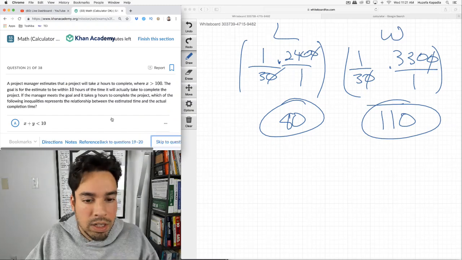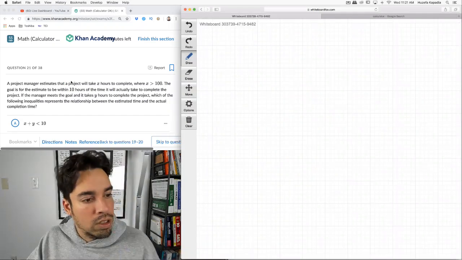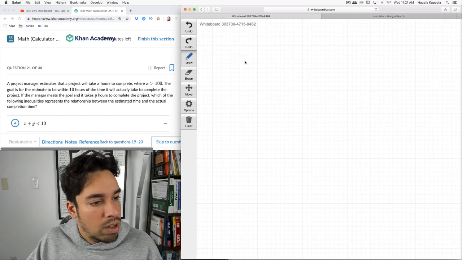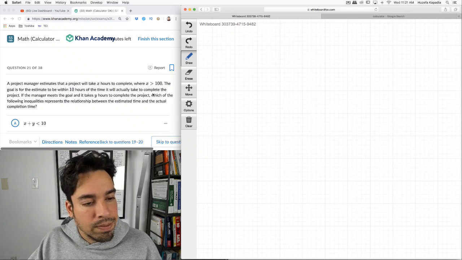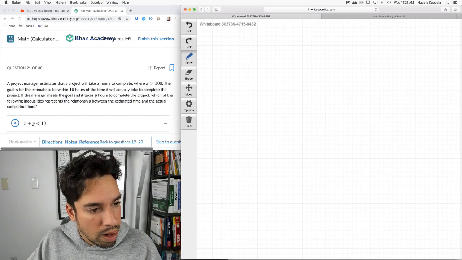All right. See how we just had to convert that data into projections. A project manager estimates that a project will take X hours to complete, where X is greater than 100. The goal is for the estimate to be within 10 hours of the time it will actually take to complete the project.